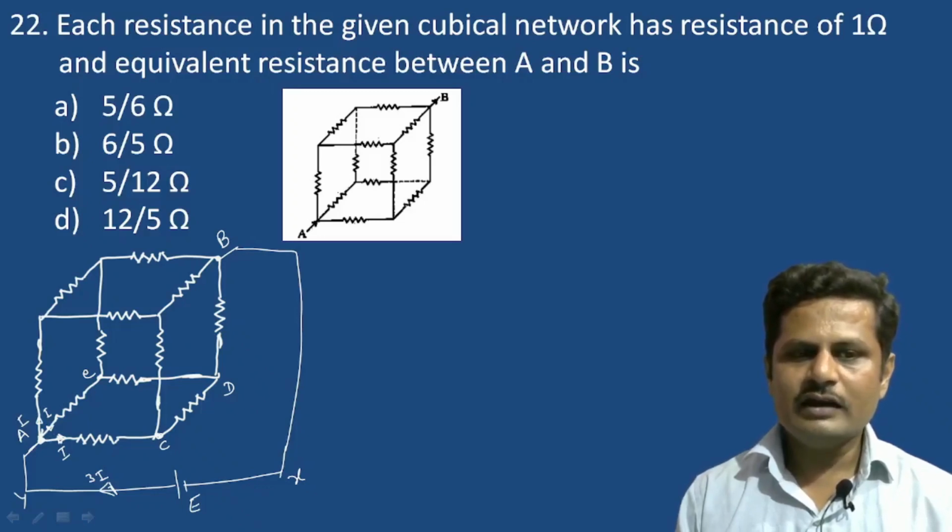Next, this I current moves to the junction C and here it divides equally, that is I by 2 and I by 2.